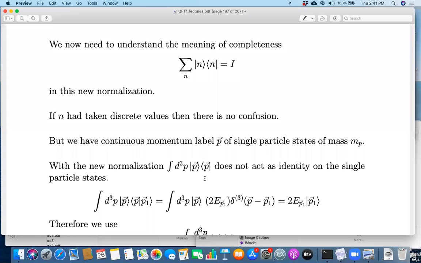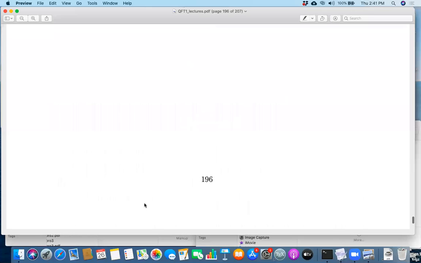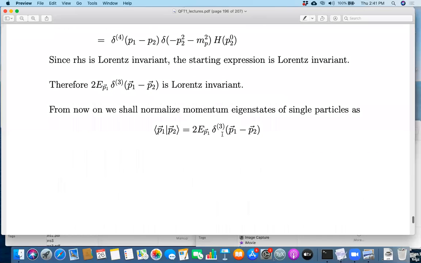So let's just verify that. Let's suppose we have this combination and apply it on the single particle state carrying momentum P1. Then this we can evaluate, because the inner product we have normalized here.